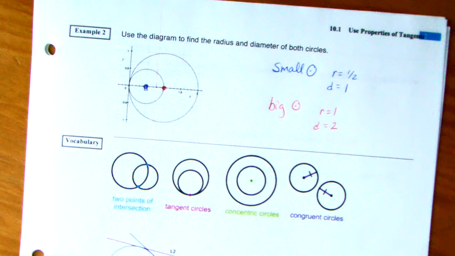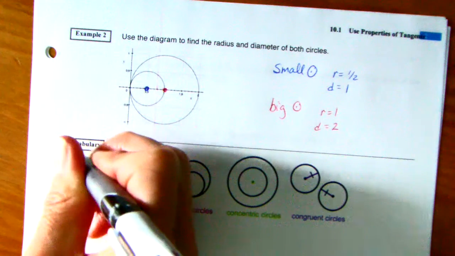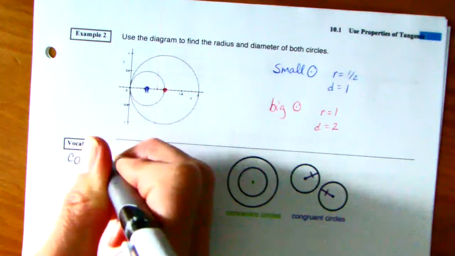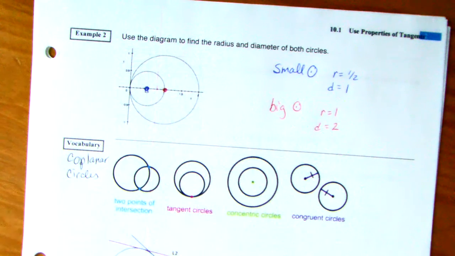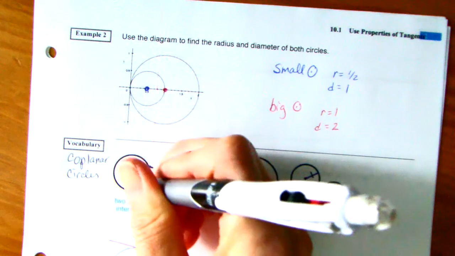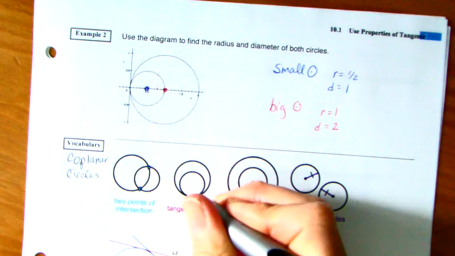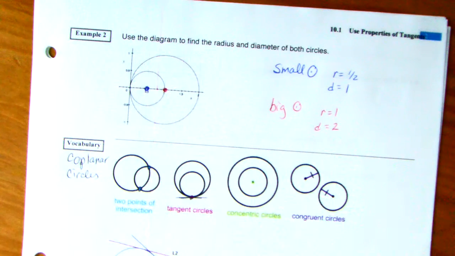Okay, moving on. I know it says vocabulary, but yours says coplanar circles. So circles in the same plane. Here, 2 circles have 2 points of intersection, right here and here. These are tangent circles, meaning they intersect only in one spot.